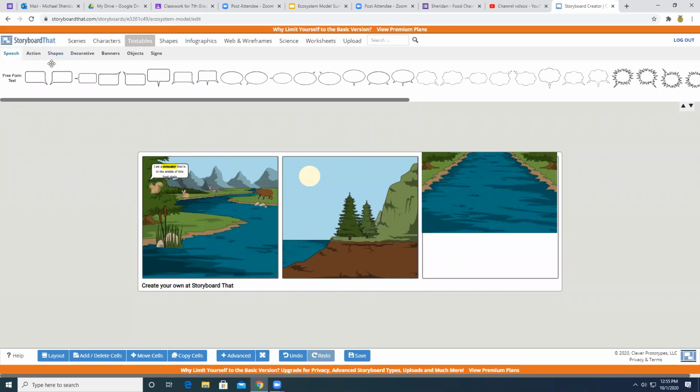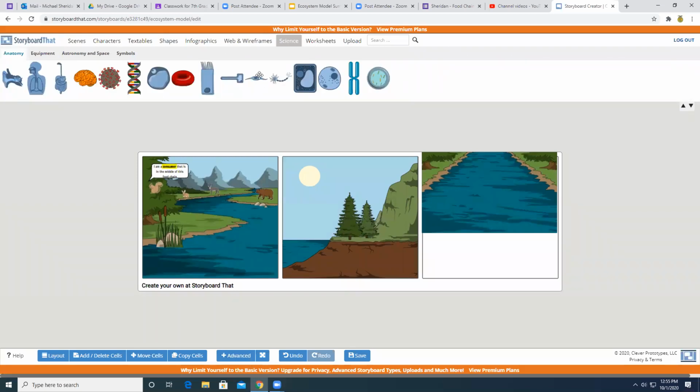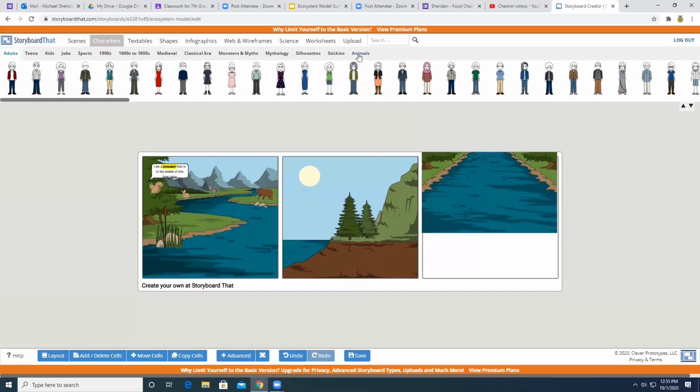And when you do that, it's going to give you all these different kinds of options up here that you can put new and interesting things into. The science one actually isn't great because we're dealing with animals. So characters and then animals, this is how you would do this.